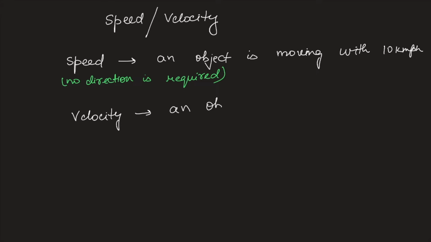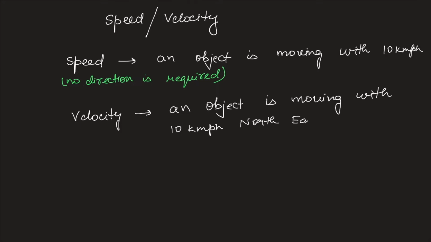Now what is velocity in very general terms? An object is moving with 10 kmph northeast. So this entire thing, as you can see, involves two things.